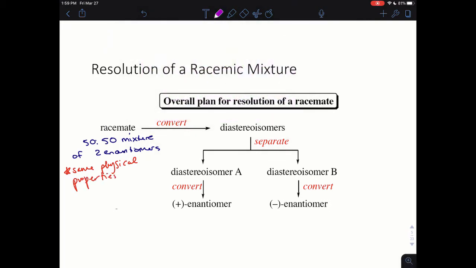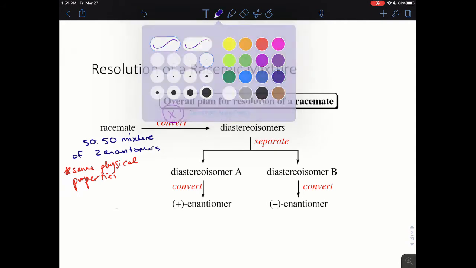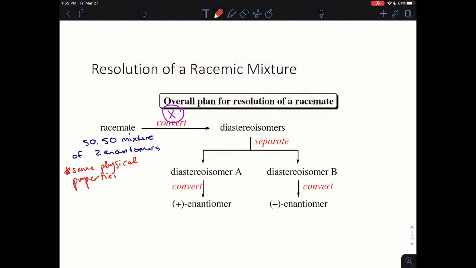However, if we could magically mix this racemate with something, we'll call it X, and turn them into diastereomers, then we would be in great shape because diastereomers have different physical properties. So that would be excellent.